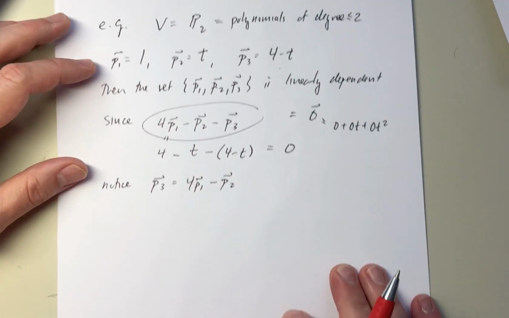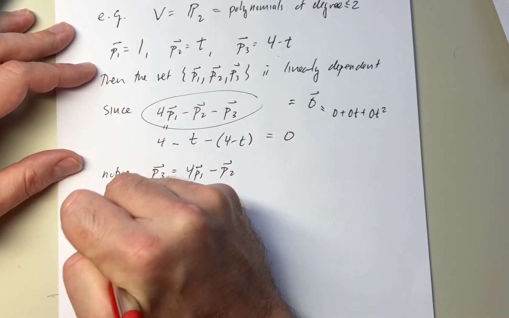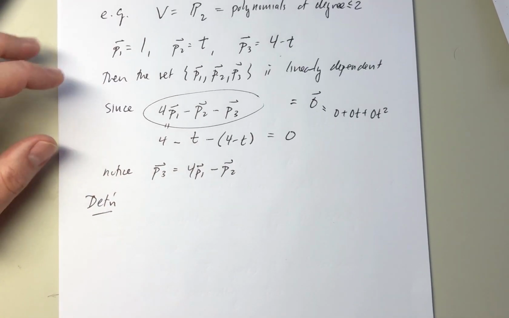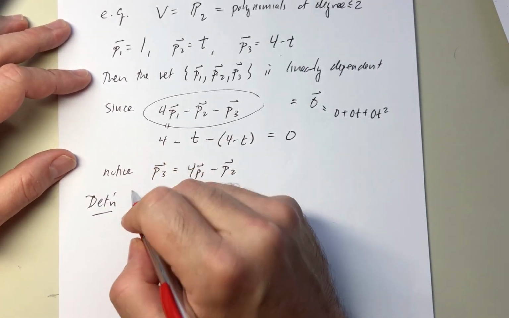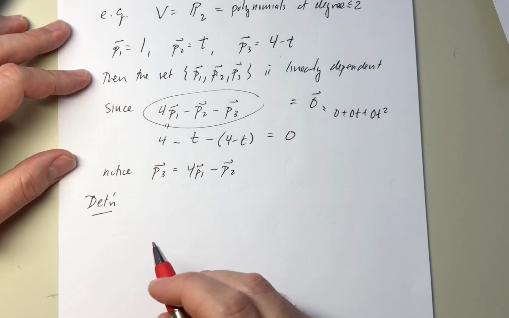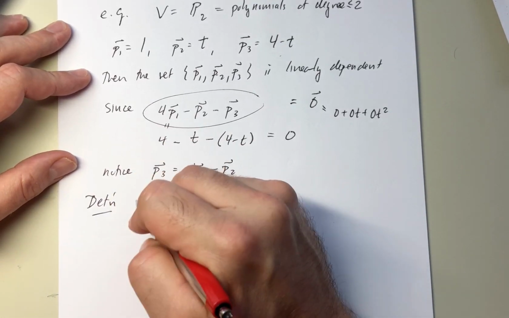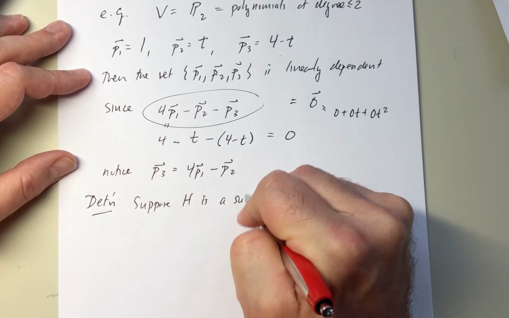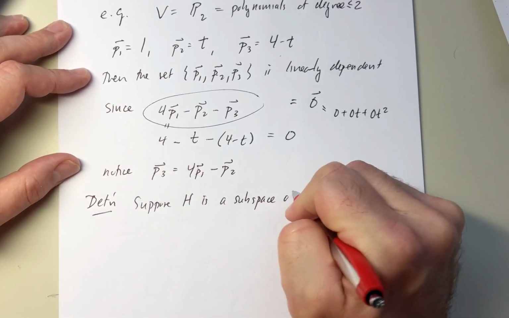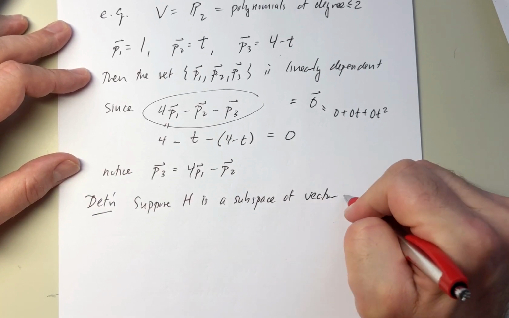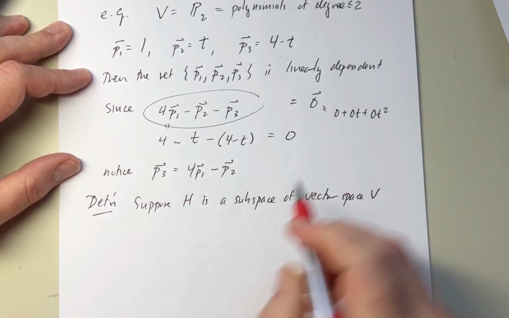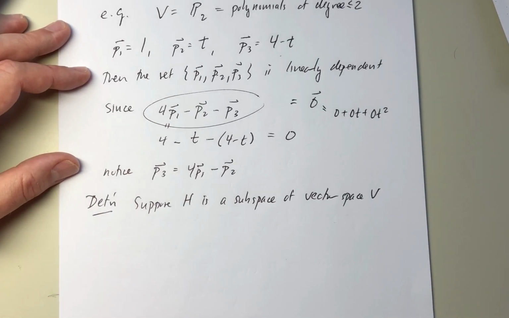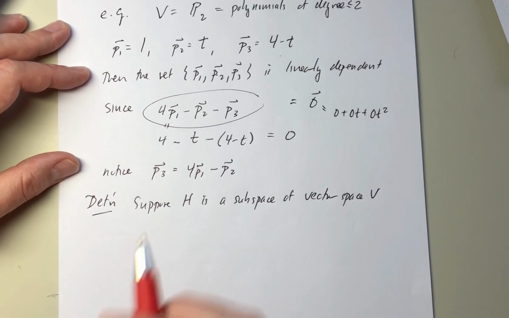Okay, so here's our next main definition of the day. This is our most important definition of this chapter. So maybe I'll give you the definition and then we'll talk about why it's important. So suppose H is a subspace of a vector space V. Remember, a subspace is a subset of a vector space that's closed under the two operations of addition and scaling.